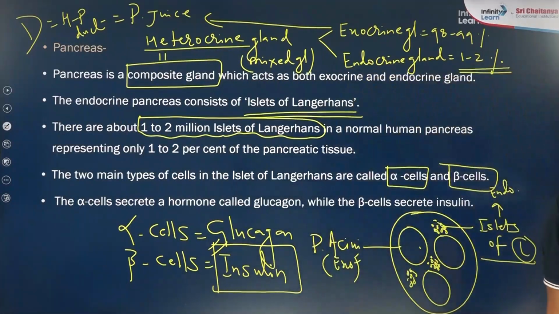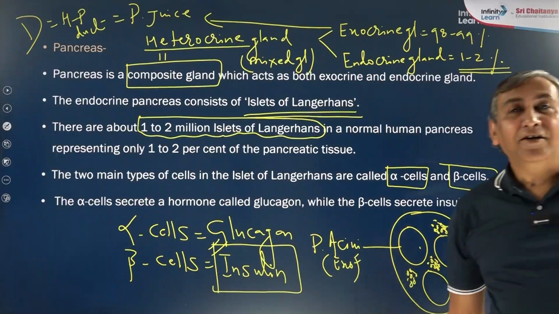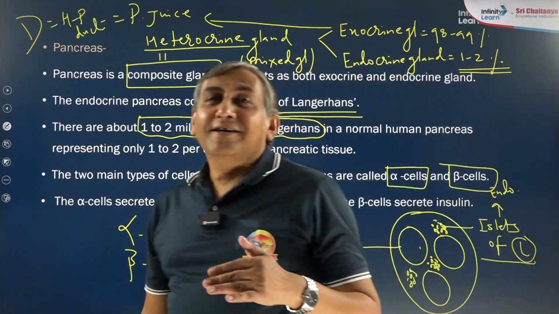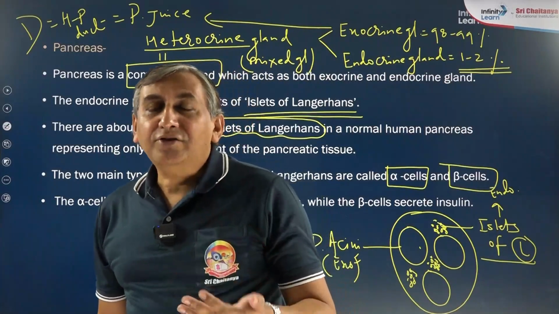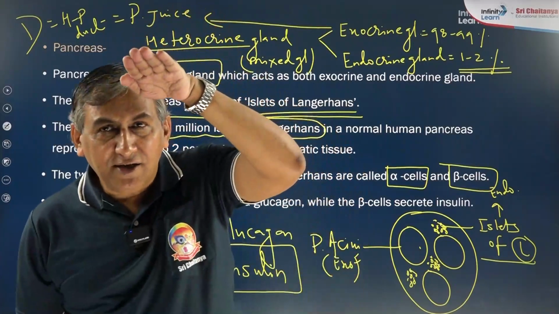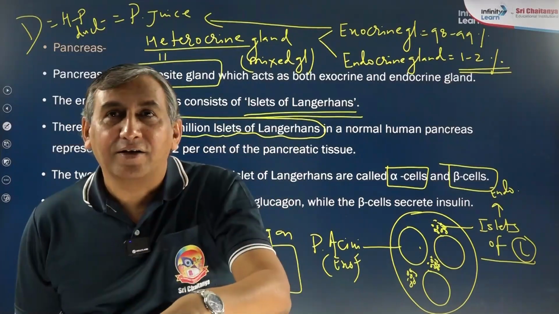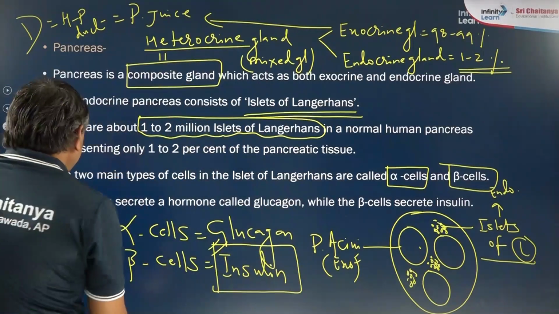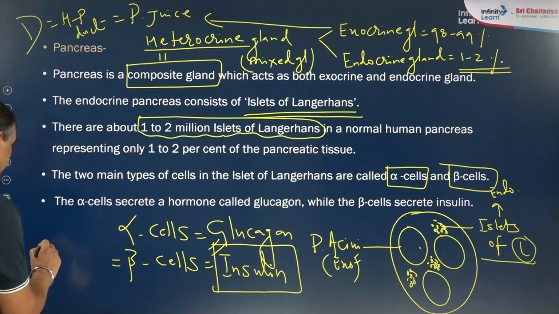Every time we say that diabetic people take insulin injections, but why? Because the insulin hormone decreases the blood glucose level.